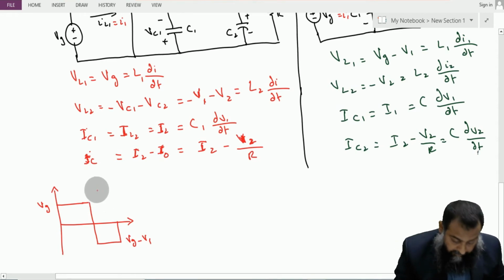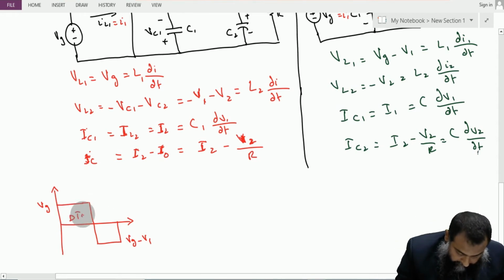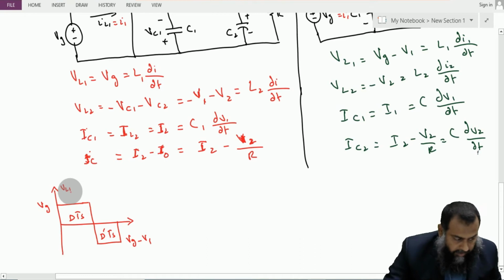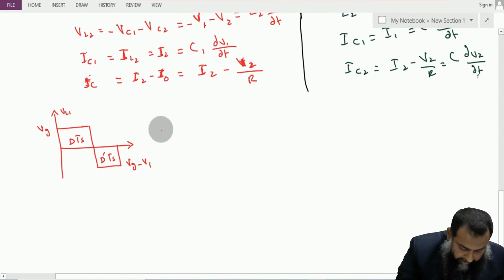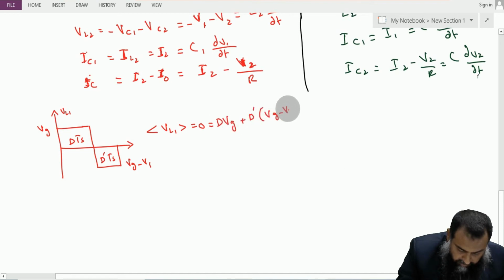So here we have DTs, this is D' Ts, and this is VL1. Based on this, I can write that the average value of VL1 should be equal to 0. It is equal to D times Vg plus D' times Vg minus V1.